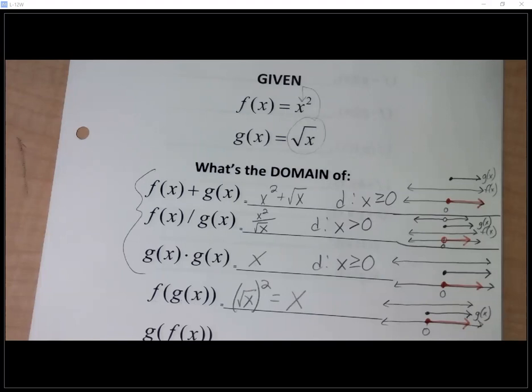Okay, so now in this bottom one, oh geez Louise, you try the bottom one while I fix this.